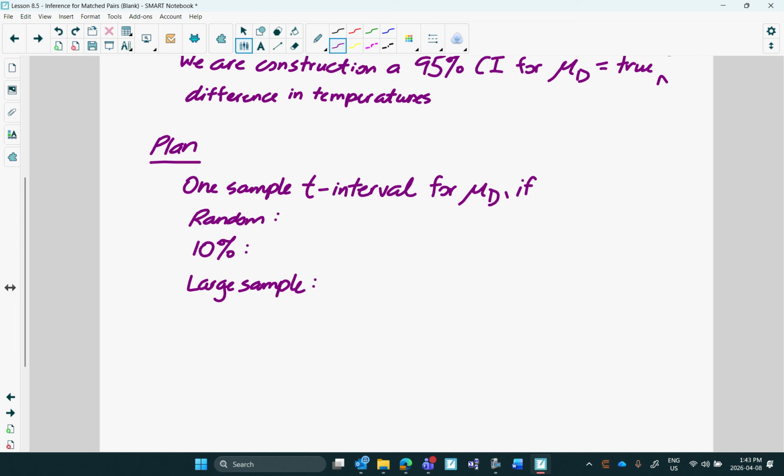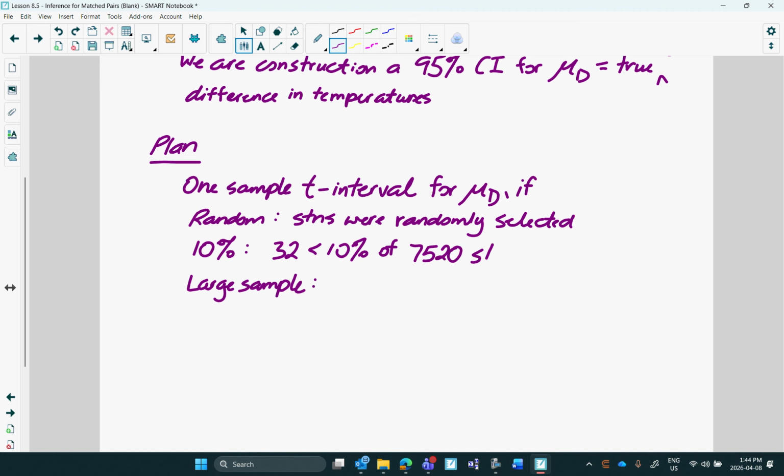So for random, stations, and let's put STN apostrophe, were randomly selected. 10%, 32 stations is definitely less than 10% of all the stations, of which there were, we were told, 7,520 stations.